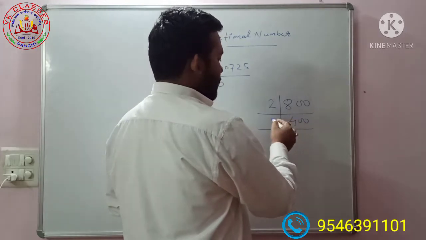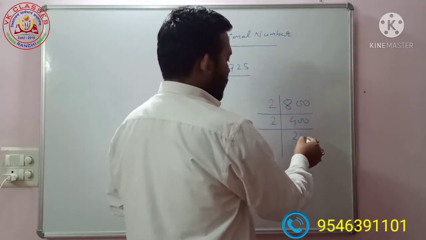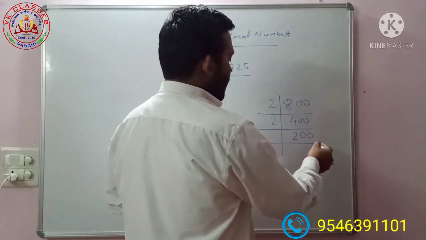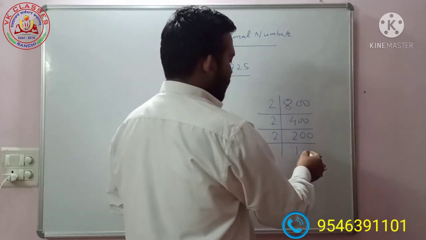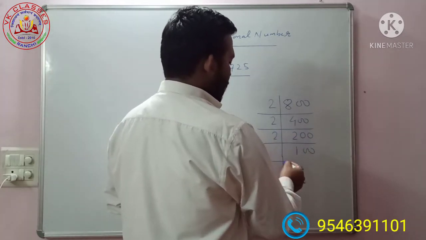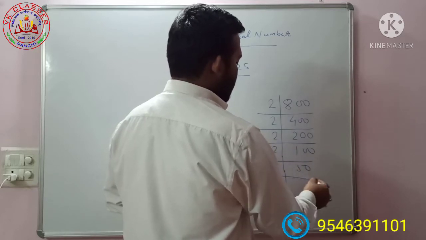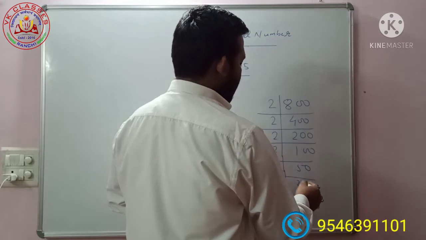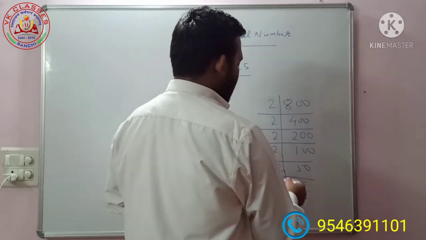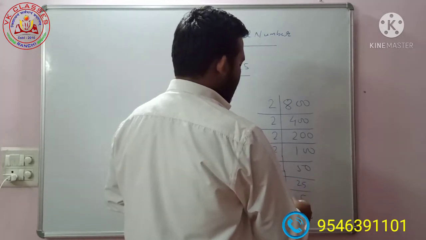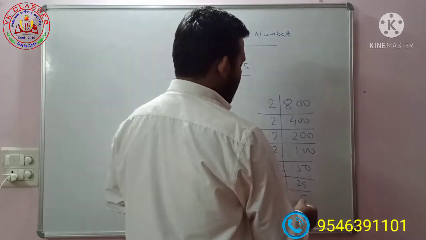Again by 2, I get 200. Again by 2, I get 100. Again by 2, I get 50. Again by 2, I get 25. Again by 5, I get 5, and again by 5 I get 1.